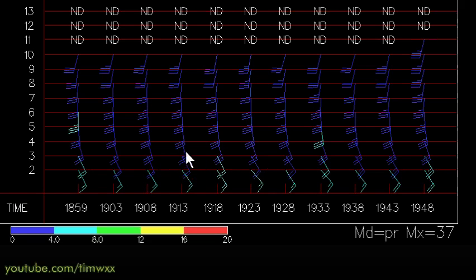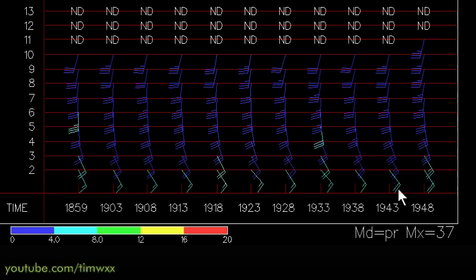And we can see that there's a slight bit of turning. There is some higher speeds aloft. We go from 15 to 30. So that would probably bring up some of your storm relative helicity numbers.